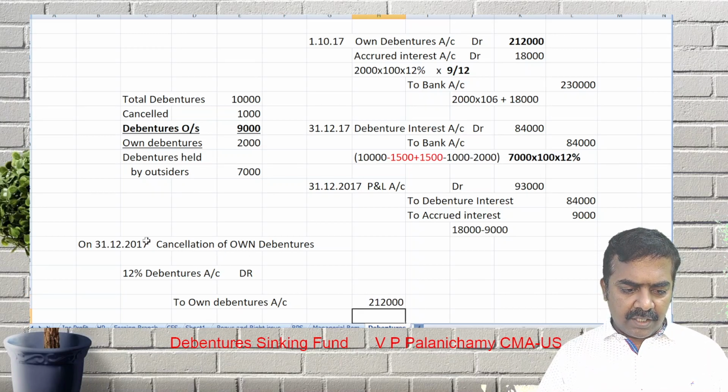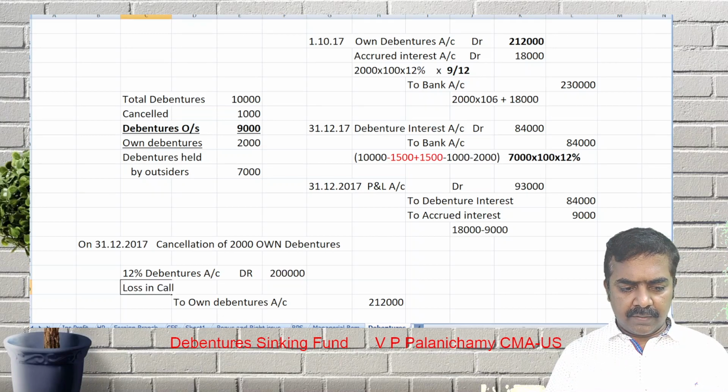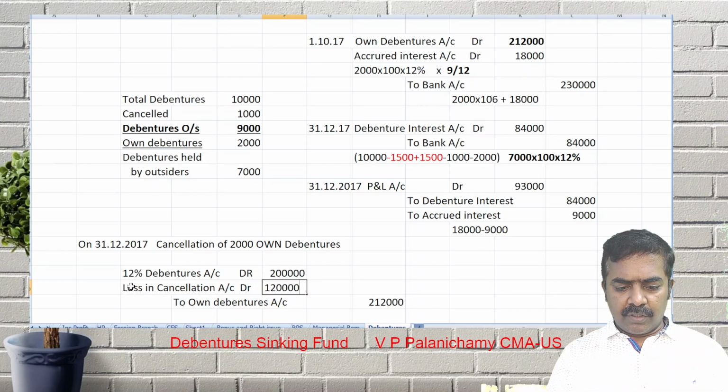And better to write, cancellation of that 2,000 own debentures. So 2,000 into 100 என்ன வரும்? 2 lakhs வரும். Loss in cancellation. Loss in cancellation account debit எவ்வளவு வரும்? 12,000 வரும். This will be later on charged in which account? P&L account. Later on charged in P&L account.